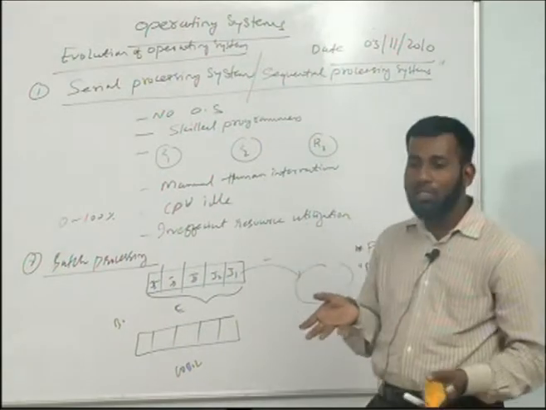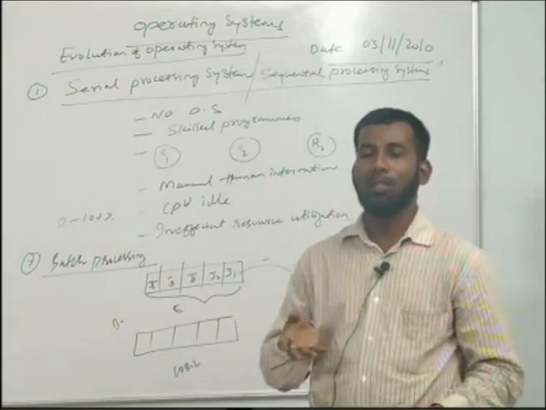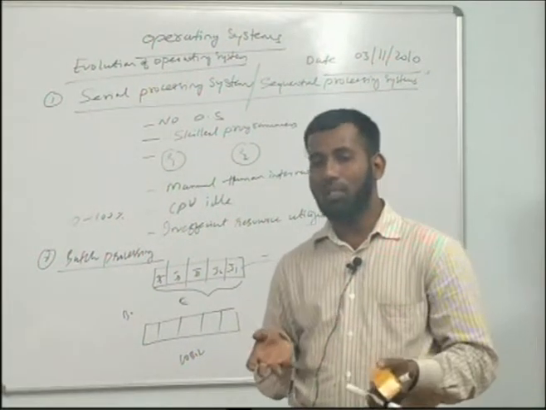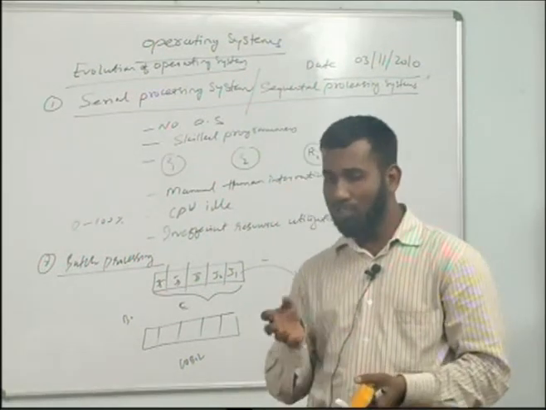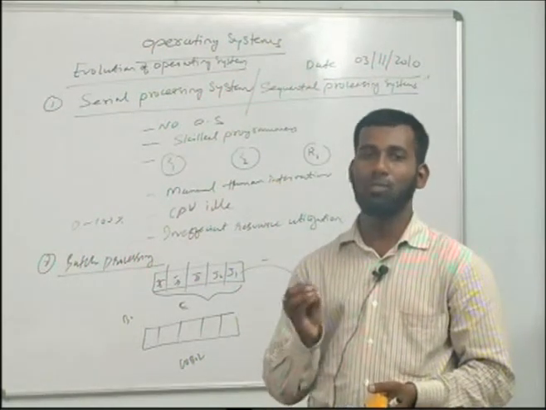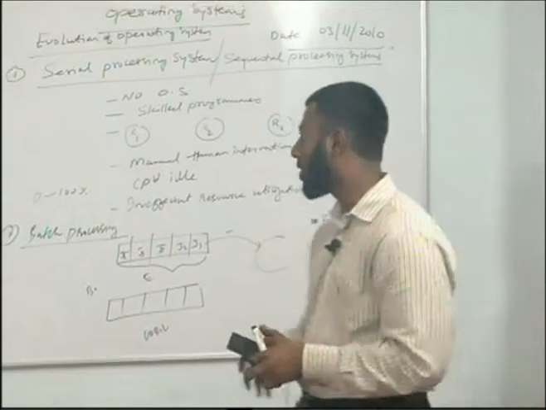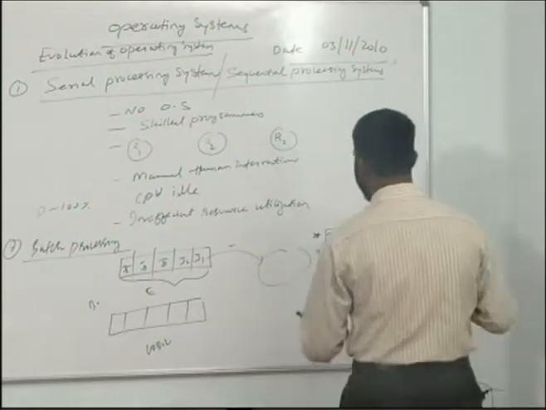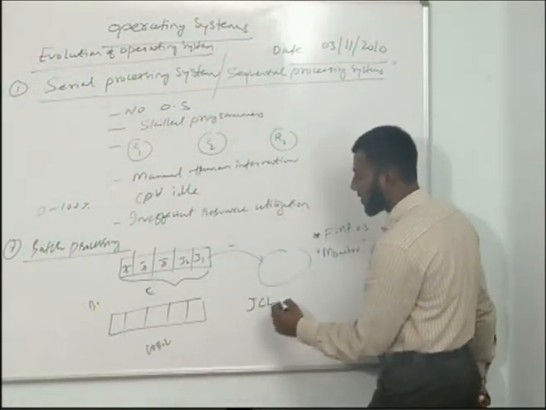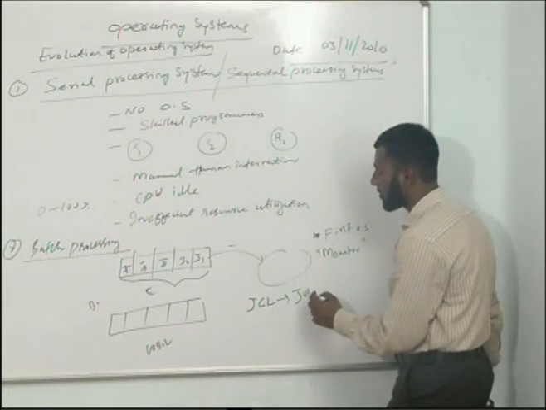Now this information we can give to this monitor. How to give this information to this monitor? In order to give this information, we use a language called job control language, JCL. This is job control language.